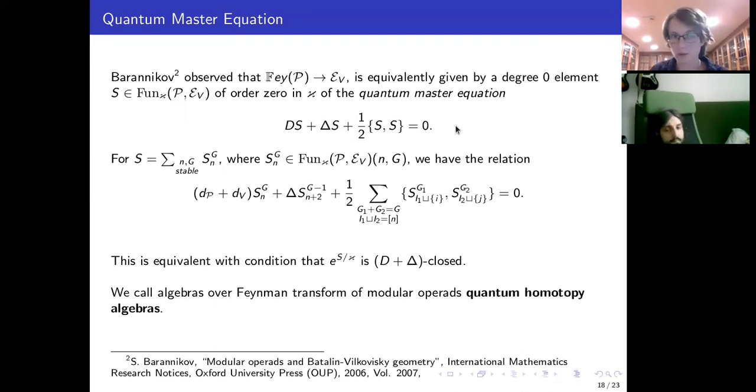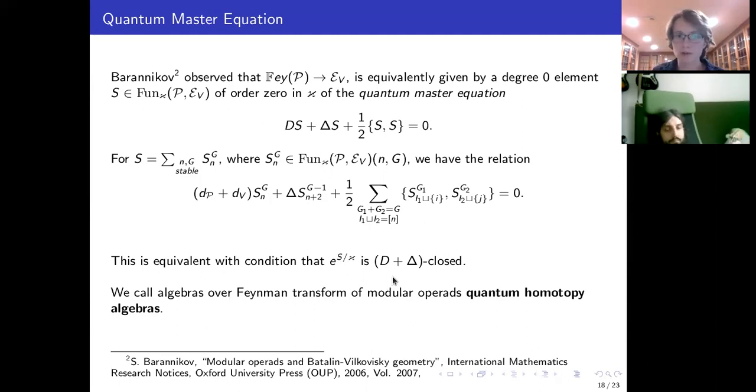And if you look at what it means for each component n and g, where you satisfy the stability condition, then basically this relation is telling you that you should have this for every component n and g. And if you look closely at what it means, it is equivalent to saying that the exponential of this element S over kappa is d plus delta closed.